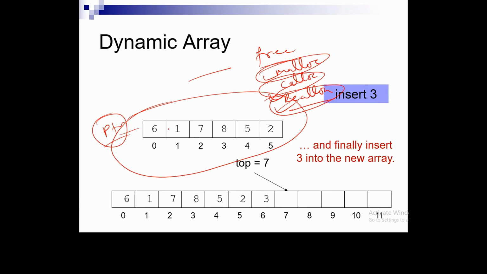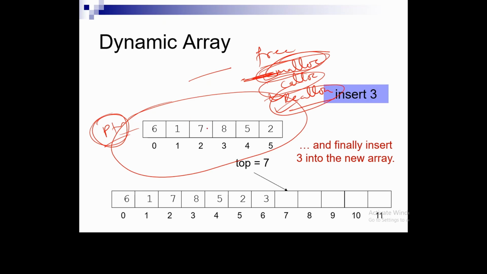So in the beginning when we need an array, we simply create an array by, we will focus on this only, malloc. So we'll create an array using the malloc function. The address of that array will be in a pointer. And if there is a requirement that the array size needs to be increased, then we simply create a new array again by using the malloc function.